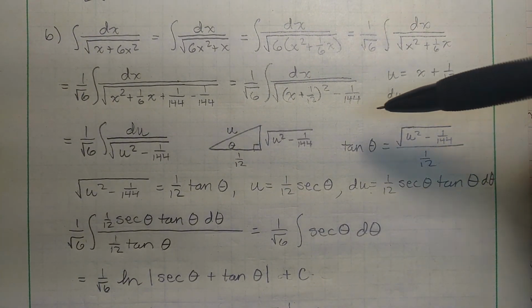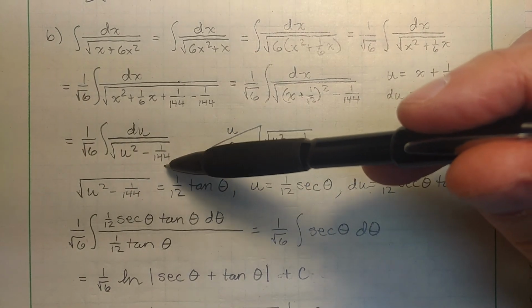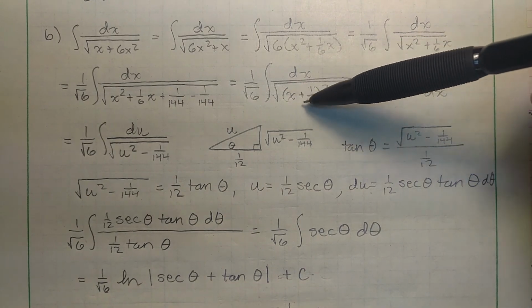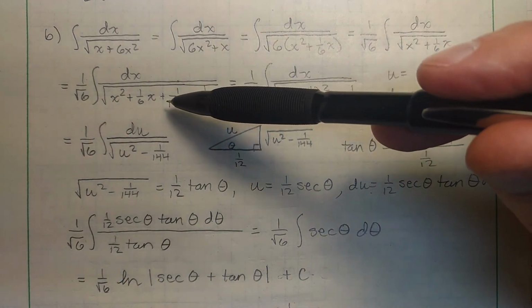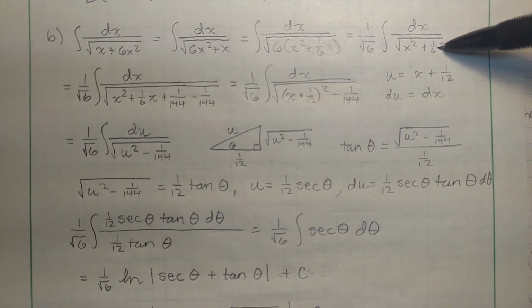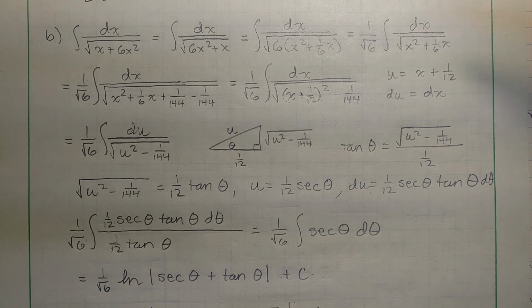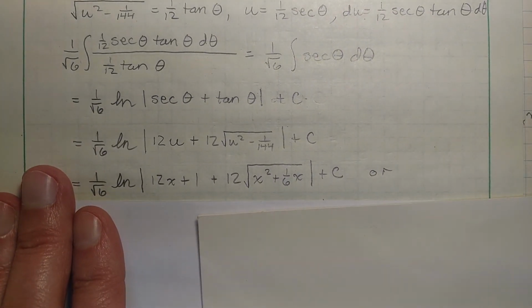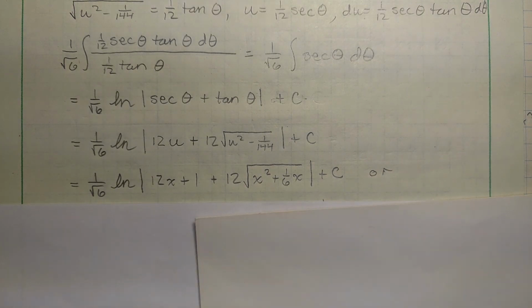That was this, and this actually came from this, which actually came from this. So I know that that is just going to be the square root of x squared plus 1/6 x. And that's a good final answer. I can stop there. I've got it all in terms of x.